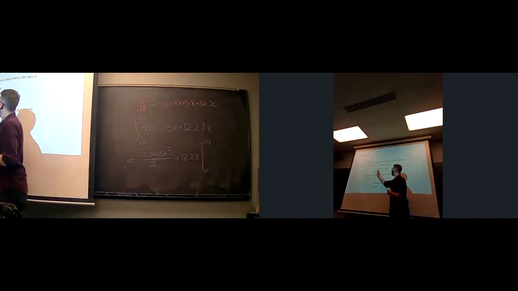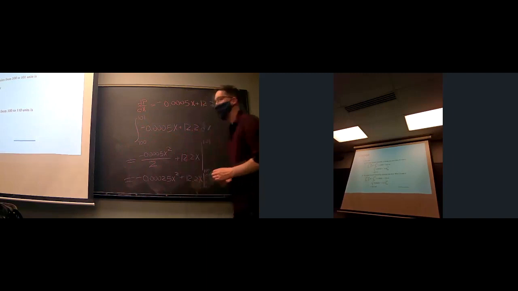Integrating this out, what they've done here is they went ahead and reduced their fraction. They said, hey, this thing evaluates out to be negative 0.00025 x squared plus 12.2 x from 100 to 101.